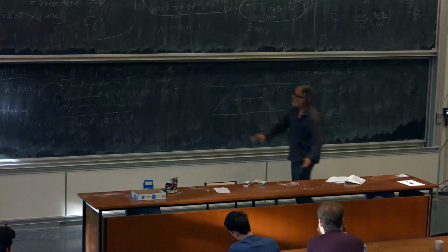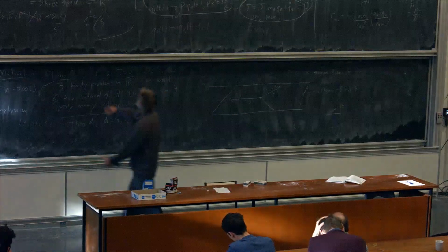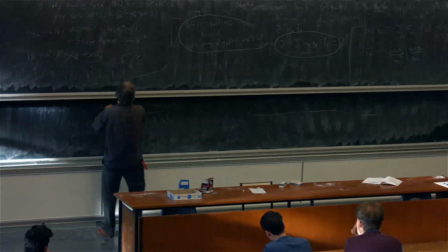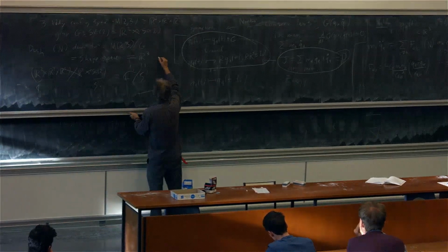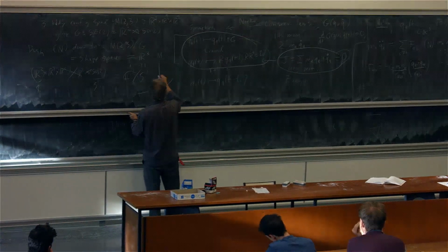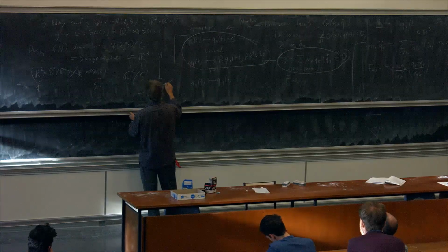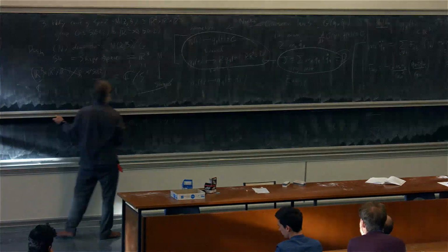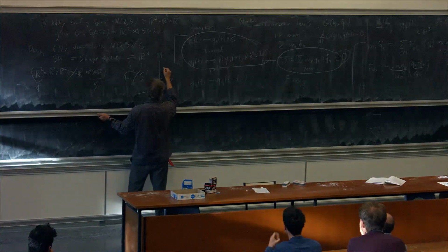Downstairs, so I keep talking about upstairs and downstairs. You have a map from the full configuration space to the shape space. I'm going to call this SH for shape. And in this case, the fiber is the group.